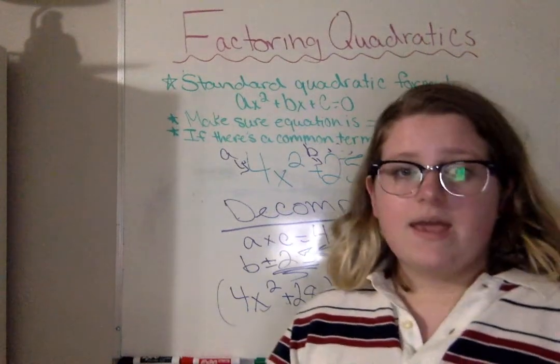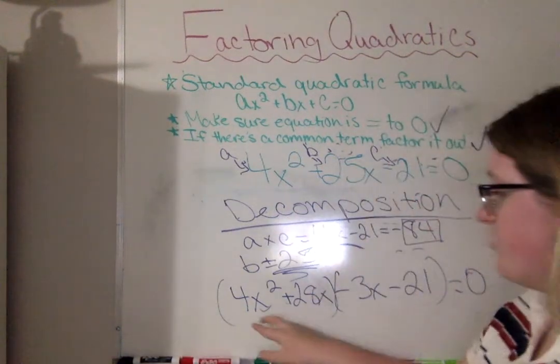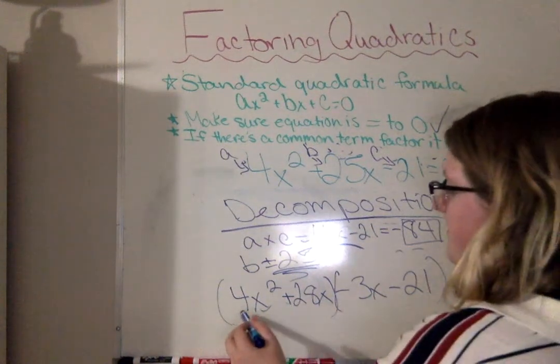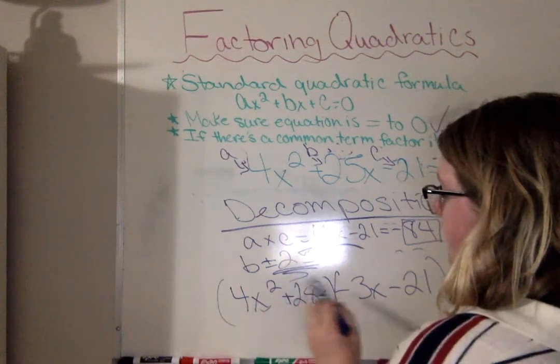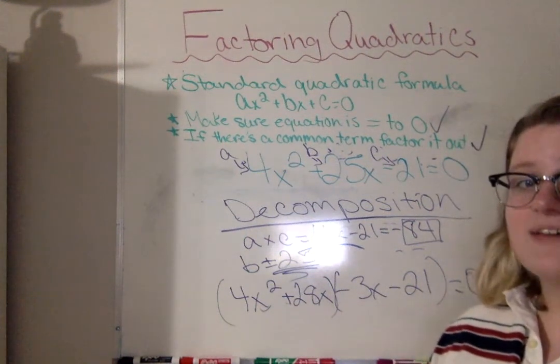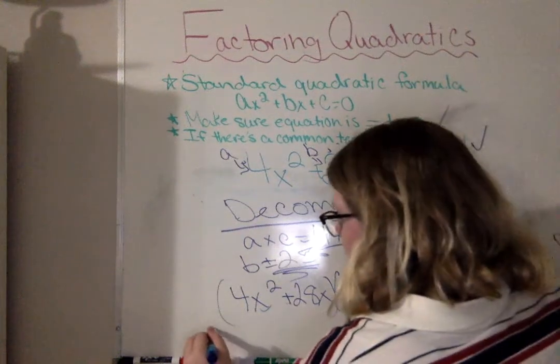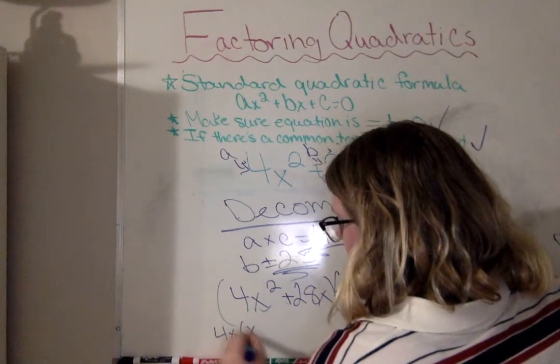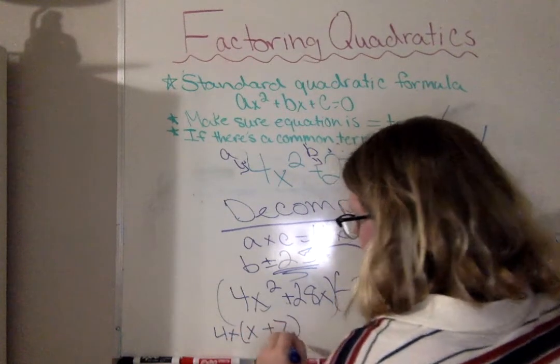Now, you can treat these as separate equations and factor them out. So what can be factored out of 4x squared plus 28x? Whoever said 4x, you're right. So we're going to get 4x, and then we're left with x plus 7.